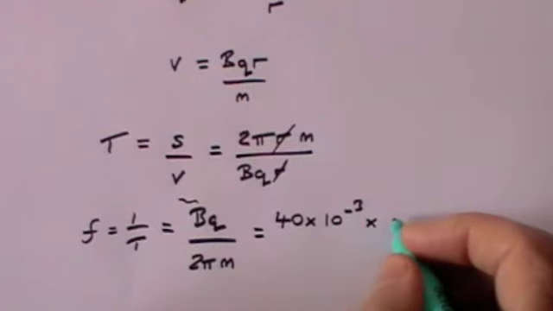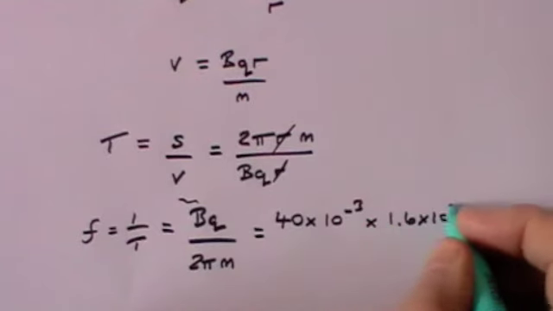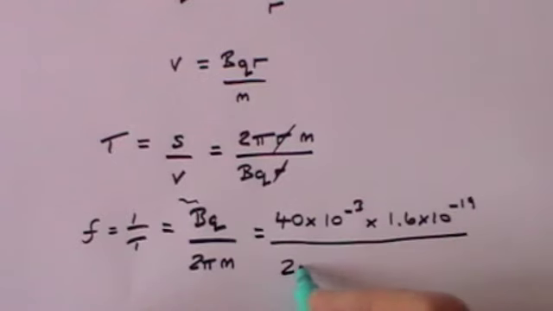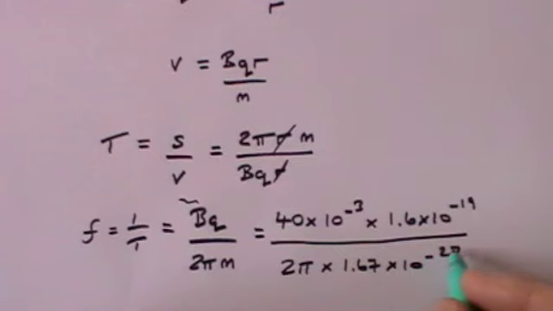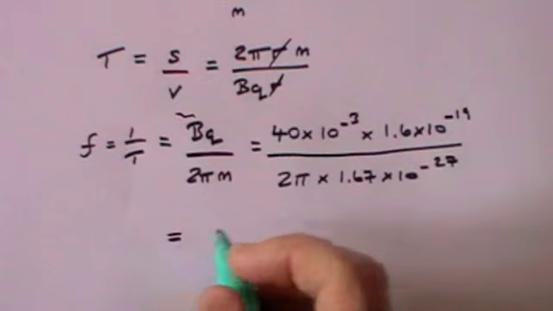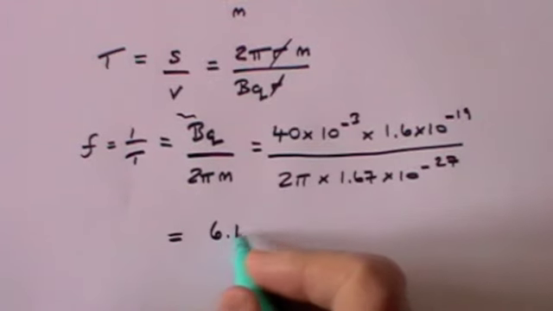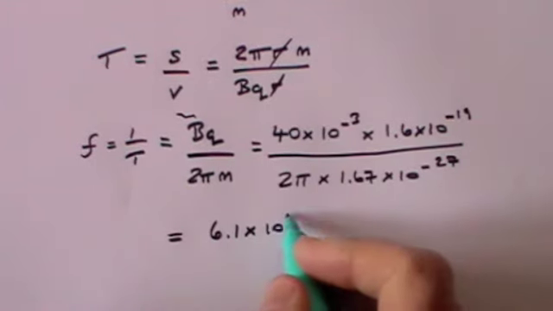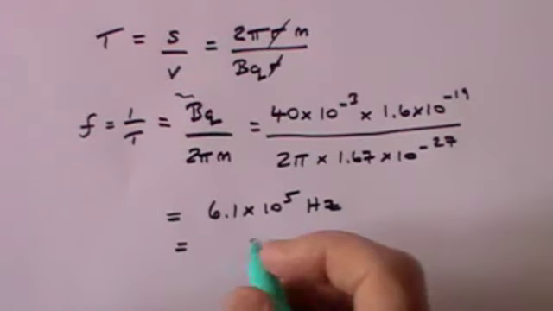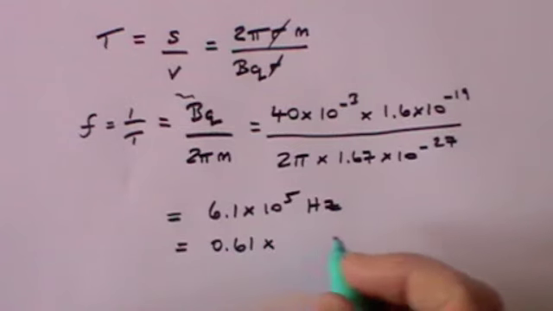The charge on a proton is 1.6 times 10 to the minus 19 coulombs, divided by 2 pi times the mass of the proton, which is 1.67 times 10 to the minus 27 kilograms. And again, if you put that into your calculator, you should get that that comes out at 6.1 times 10 to the 5 hertz, or if you prefer, that is also equal to 0.61 megahertz.